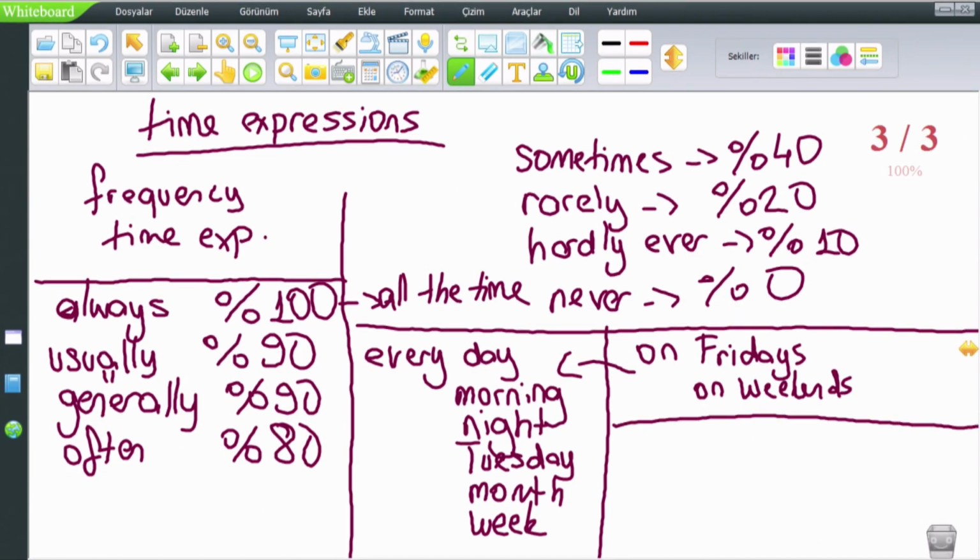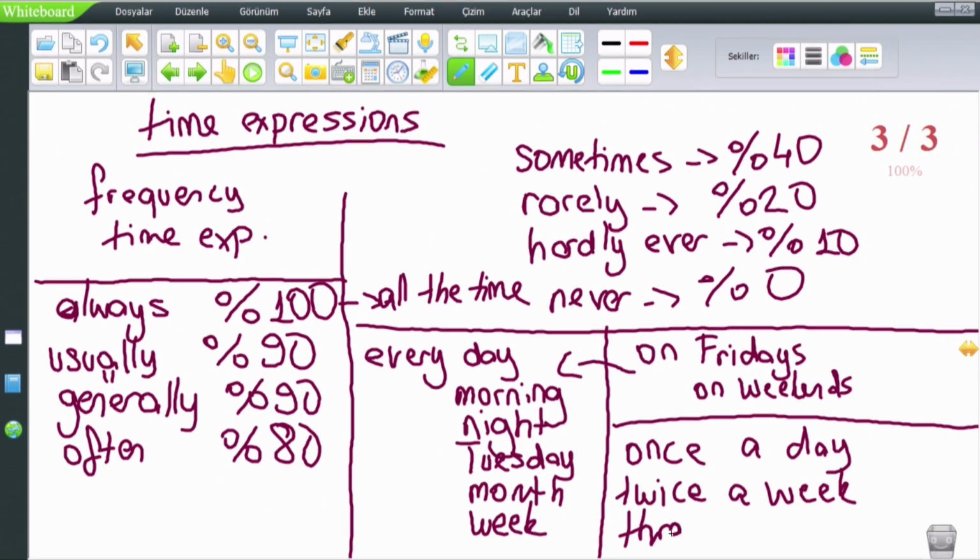And also we have, for example, once a day or twice a week, or let's say 3 times a year. These are the most common ones that we use with present simple.